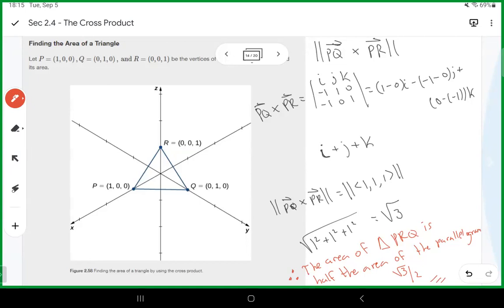And I would assume you guys will have problems like that on your homework that you can work through. Okay.